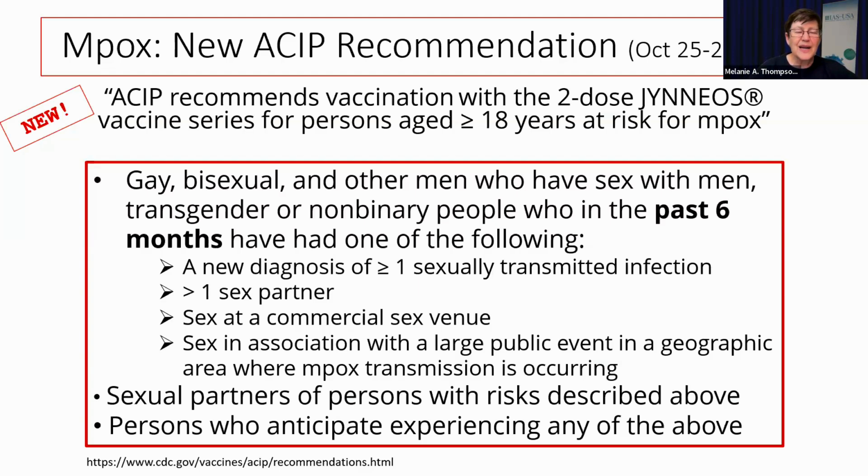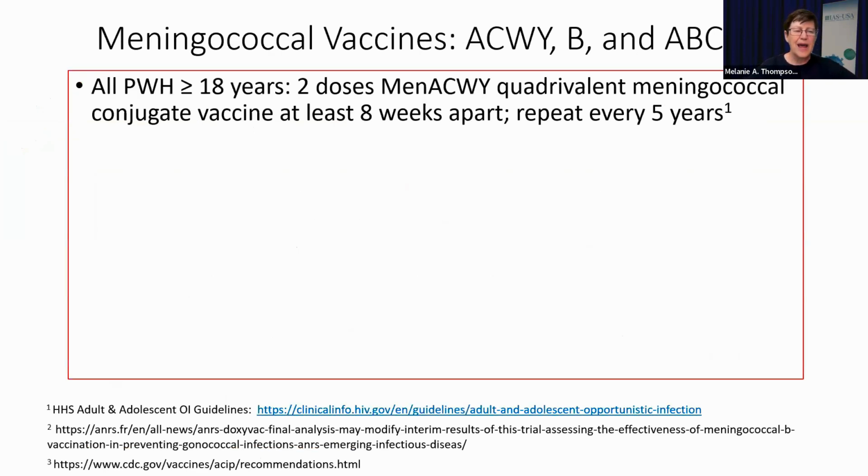And the last bullet, I think, is really important. Persons who anticipate experiencing any of the above. And so many, many people fall into that category. So let's get them vaxxed now.